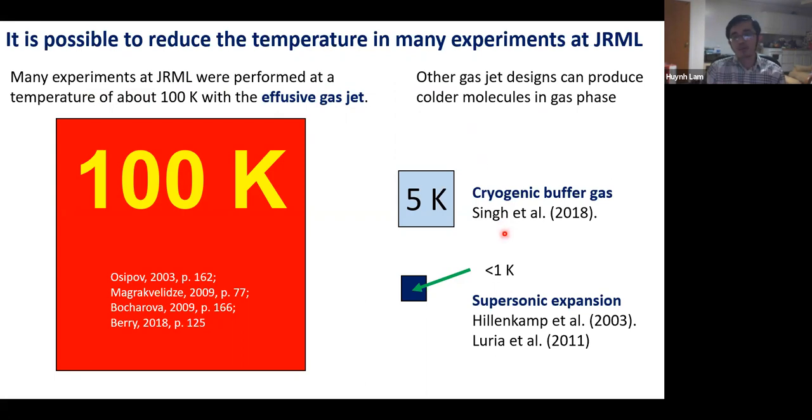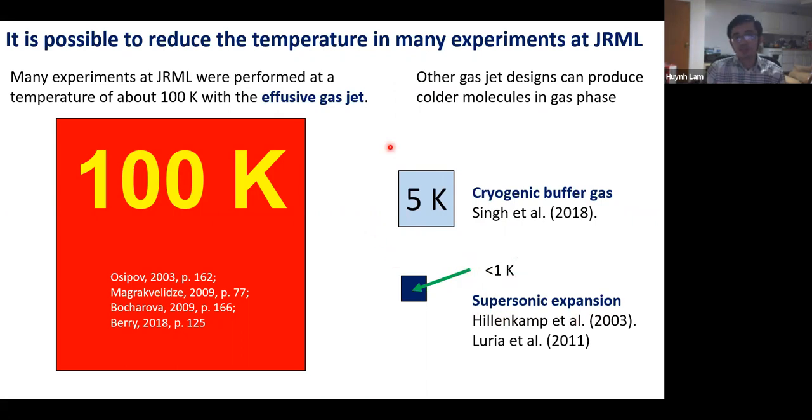For example, Sun and co-workers use a design they call cryogenic buffer gas, and they were able to cool the molecules down to about 5 Kelvin. Another design is called supersonic expansion, and it was able to cool the molecules to less than a Kelvin.